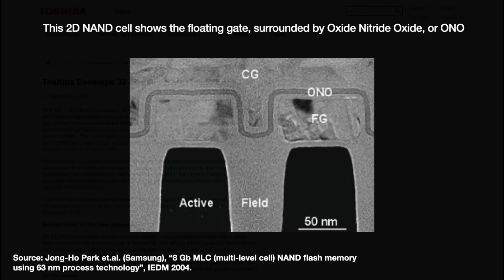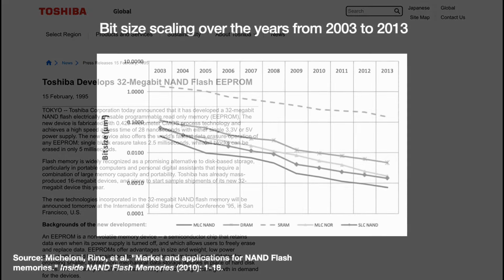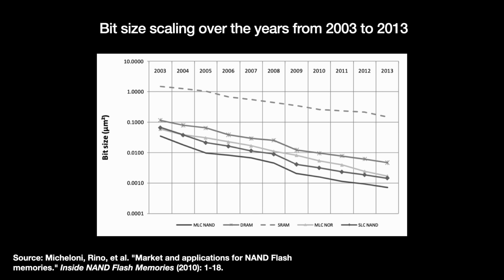In 1995, the cells were produced using a 470 nanometer process to produce a 32 megabit NAND flash chip. Almost 20 years later, leading-edge NAND produced using the 16 nanometer process node are reaching 128 gigabit capacity. Such advancements were made possible by increasingly sophisticated lithography machines.